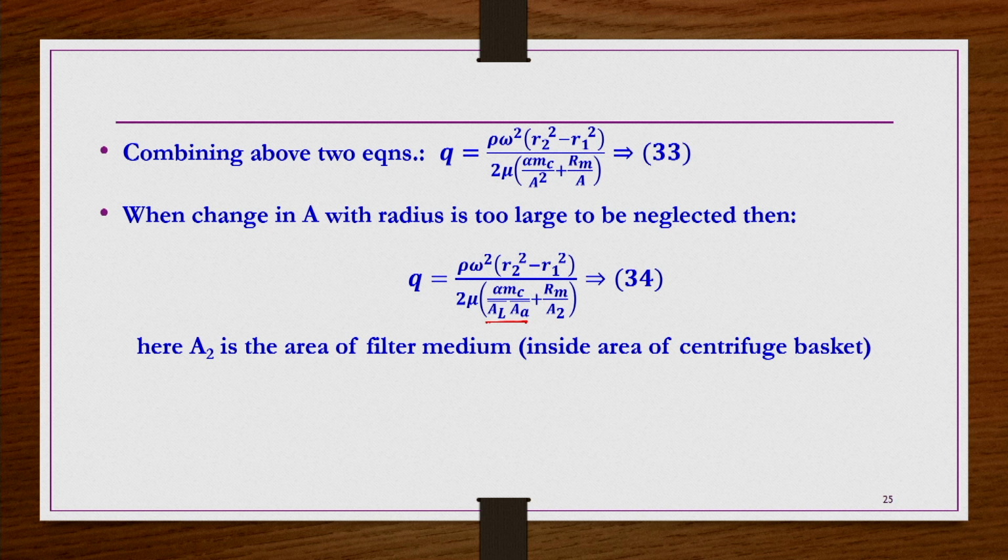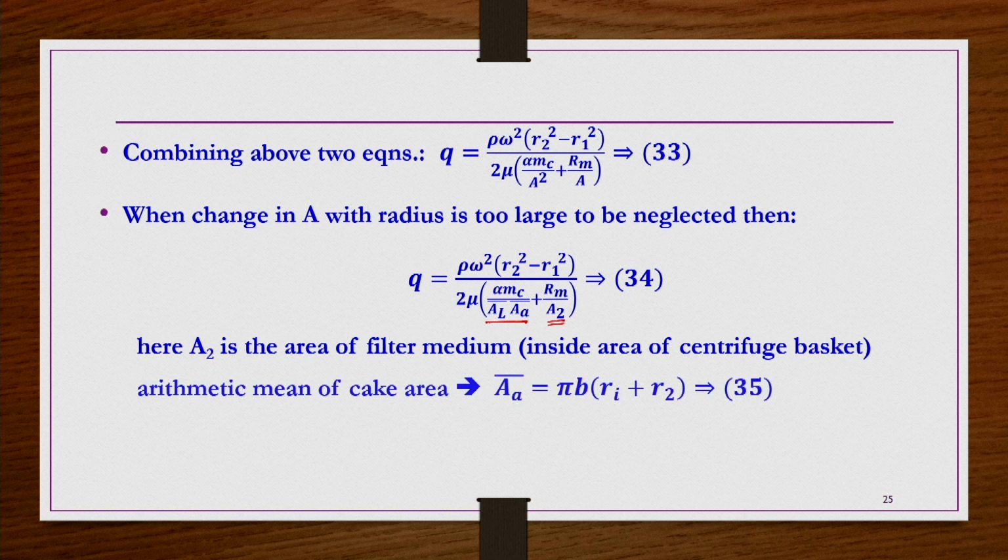AA bar is the arithmetic mean of cake area, that is pi b times Ri plus R2, because the cake is between Ri and R2 only.